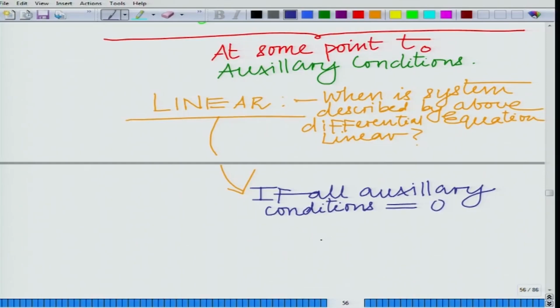That means the values of y(t), dy/dt, d squared y/dt squared, and so on up to d^(m-1) y/dt^(m-1) are all 0 at some point.